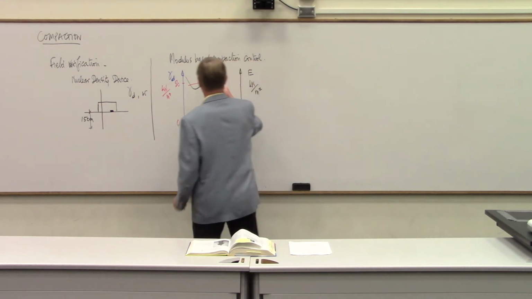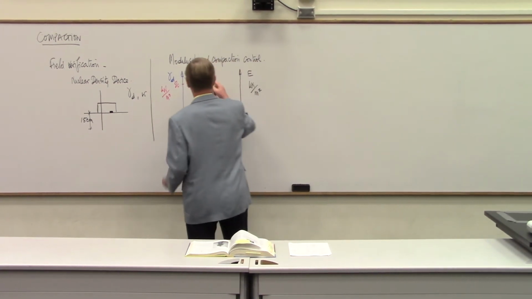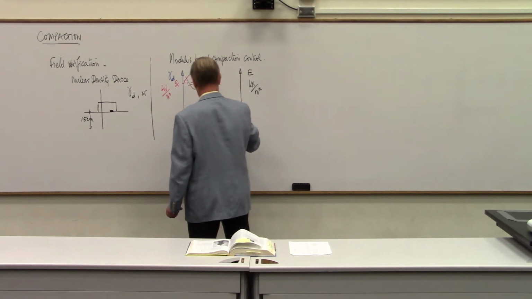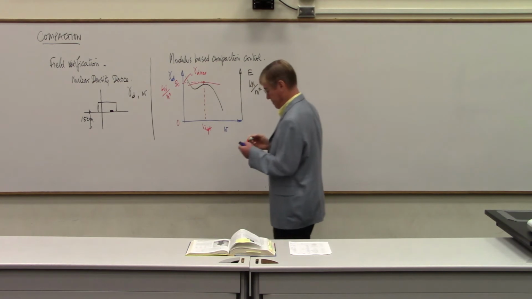Remember that here you have, I'll put it in red for the dry density, here you have the maximum, remember this one from last time, this is gamma D max, and this is W optimum moisture content. Okay?